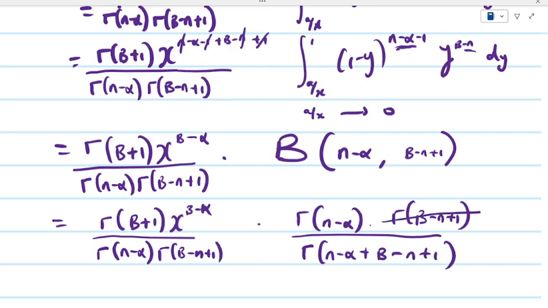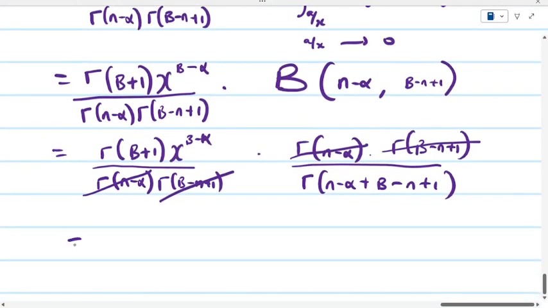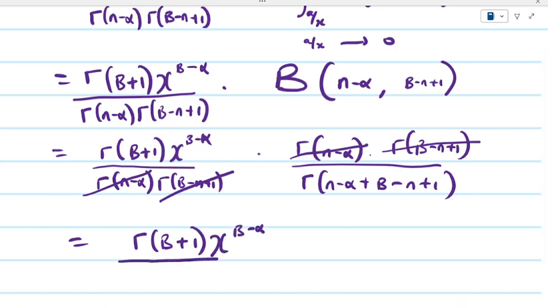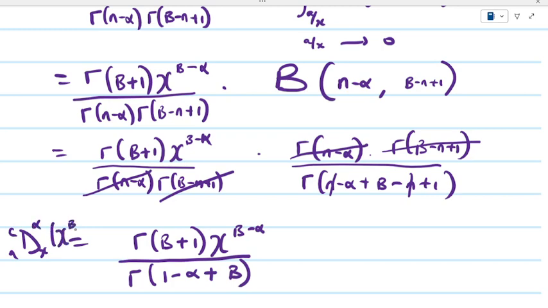So we see that this cancels this, this cancels this. So we now have gamma(b plus 1) x raised to power b minus alpha over n minus n is 0, gamma(1 minus alpha plus b), and that is the fractional derivative of a polynomial of b order.